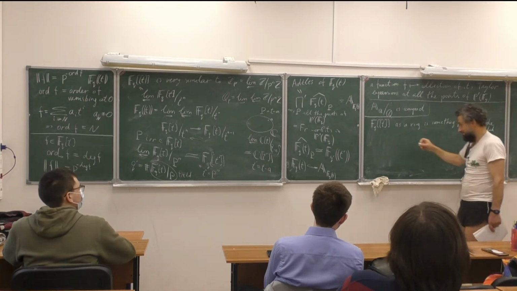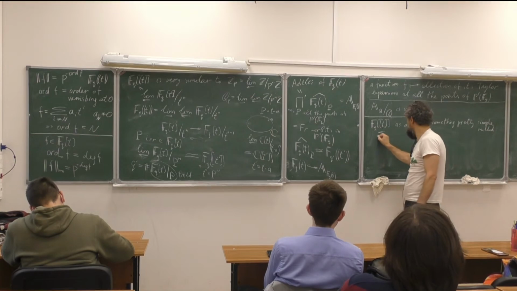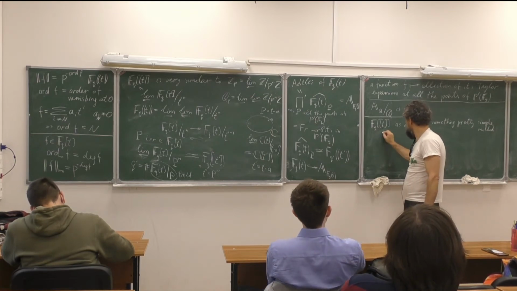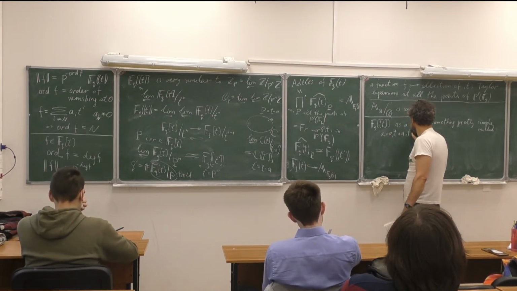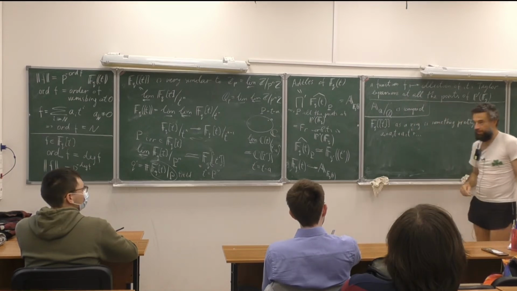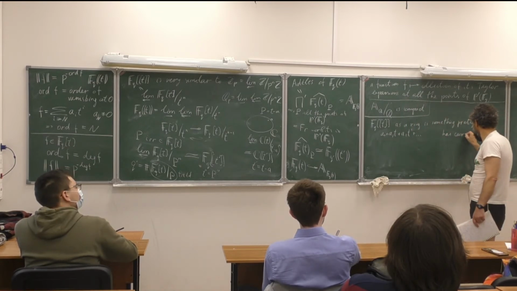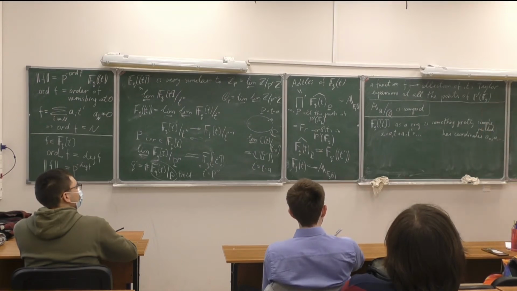I mean, you just write any power series as a0 plus a1 t plus a2 t squared and so on. So it has coordinates a0, a1, and so on.